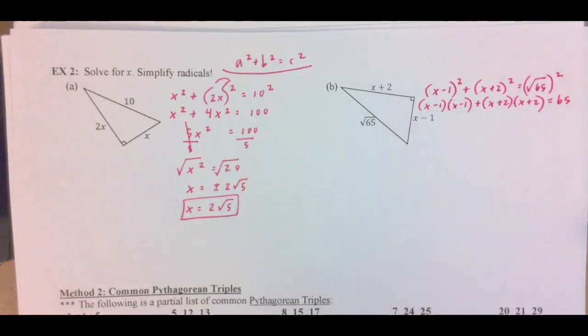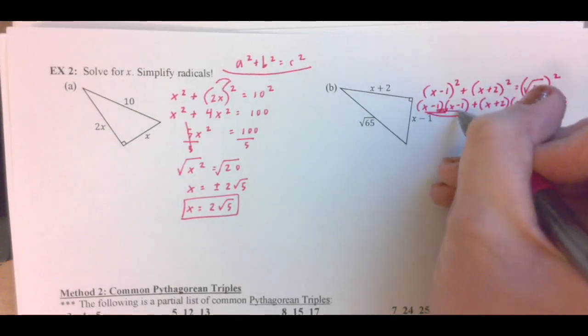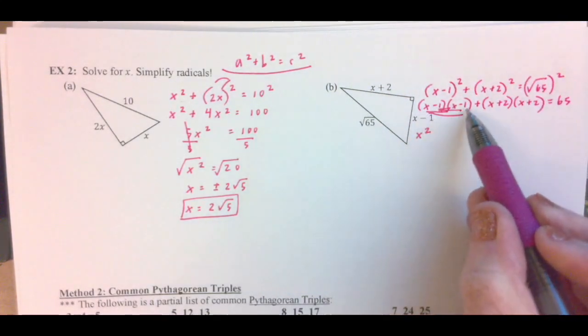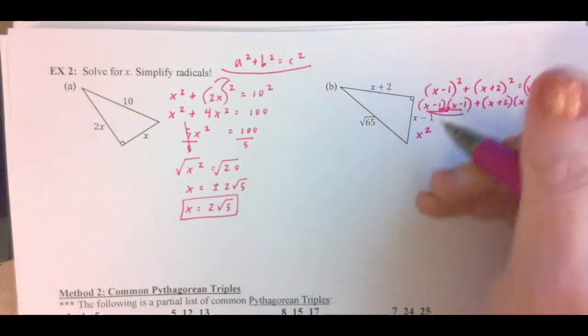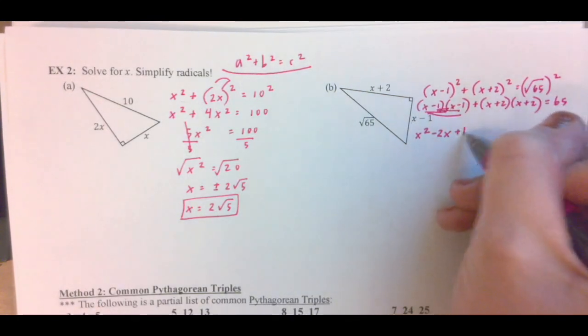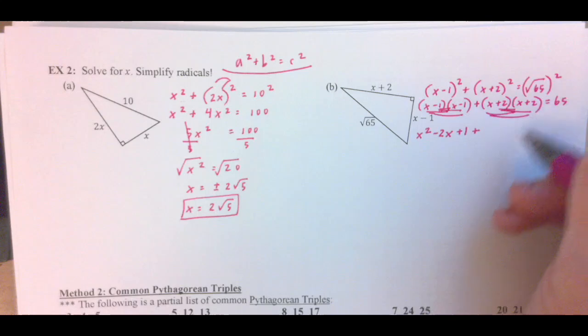So now when I FOIL this out, my first, my outer, my inner, my last, I have x squared minus x, so minus 2x plus 1. Do the FOIL here too.